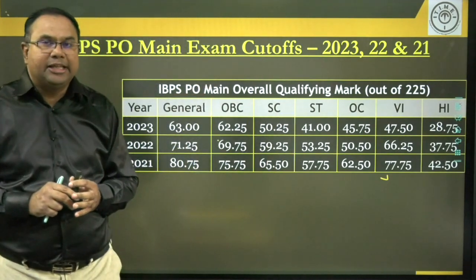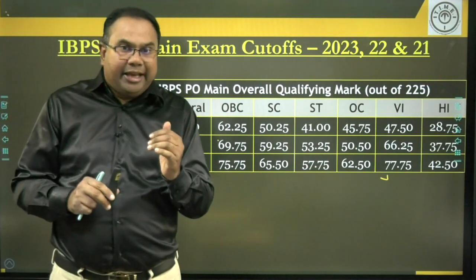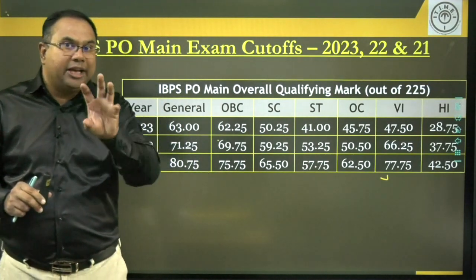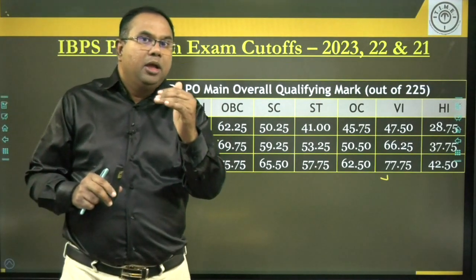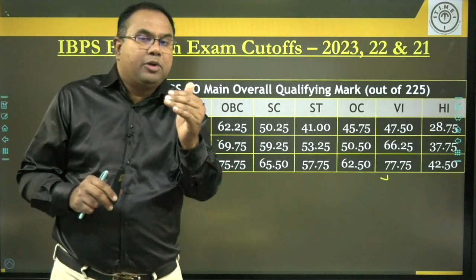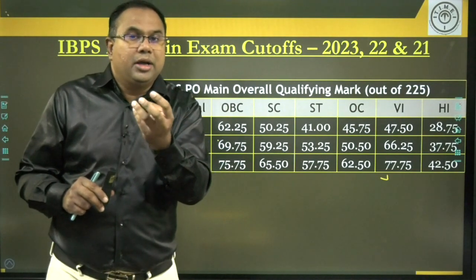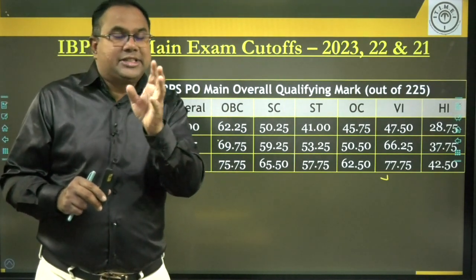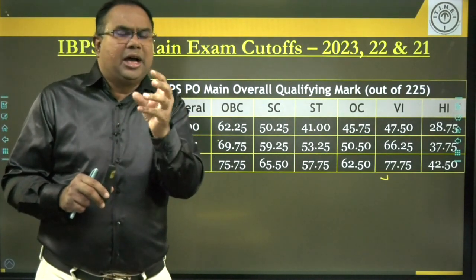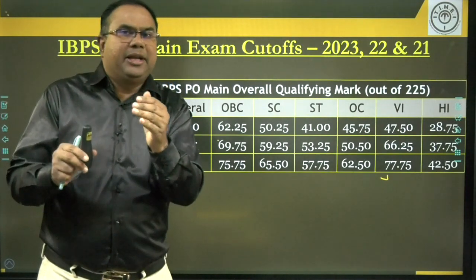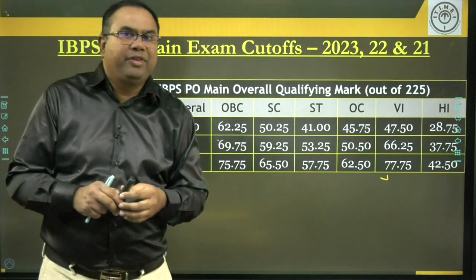One important point is, as we have seen, the general awareness section was at the same level, English almost the same, DI was a little easier compared to last year, but reasoning saw almost a 50% drop.